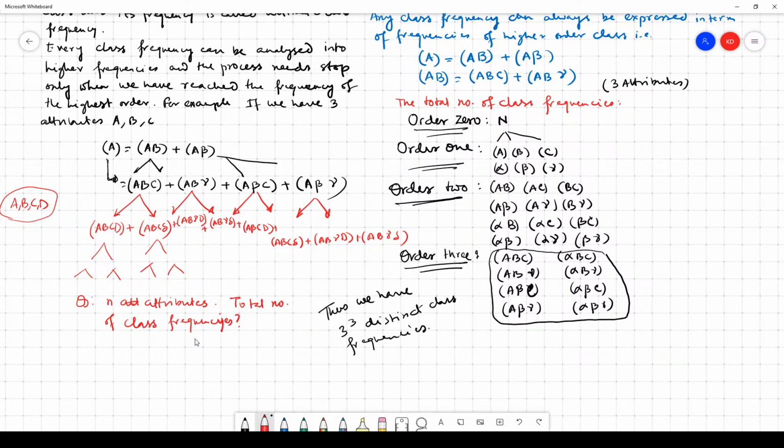Please do it quickly and tell me. Instead of 3, suppose we have n attributes, then tell me the total number of class frequencies.